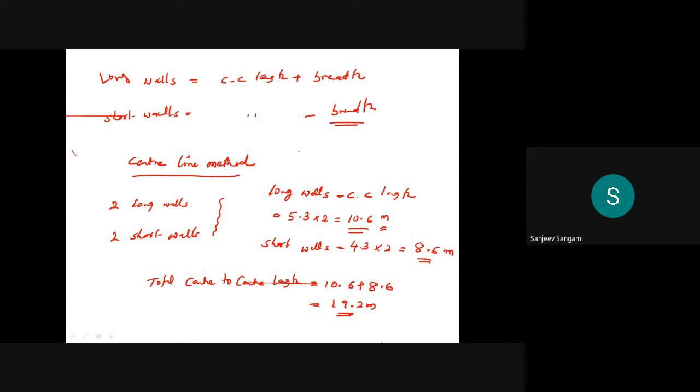So we got the center to center length of all four walls as 19.2 meters. Any of the toughest building mechanisms, if you follow a systematic protocol, you will never go wrong. So this is the total length using the center line method.